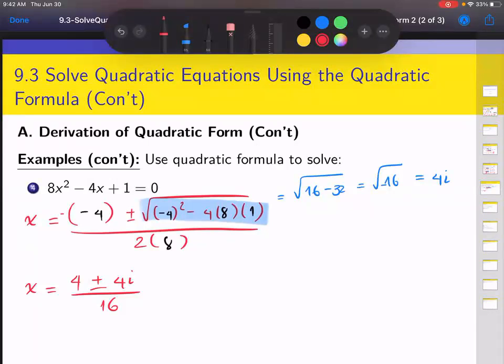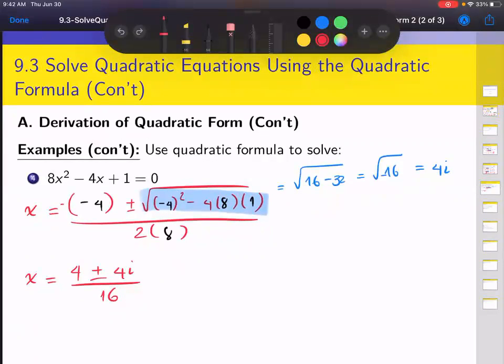And you can simplify more, right? Again, I keep saying this, but I'm pretty sure people are gonna do this on the exam. Do not simplify that and that, okay? What do I have to do to simplify? Factor out the 4, right? So I have 1 left plus or minus 1i, which is just i, over 16.